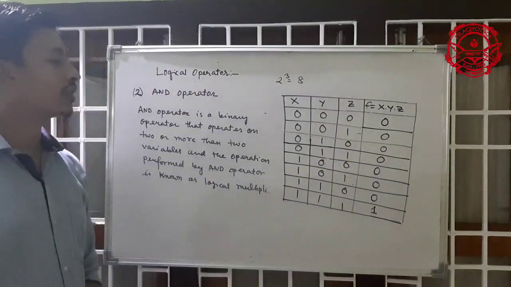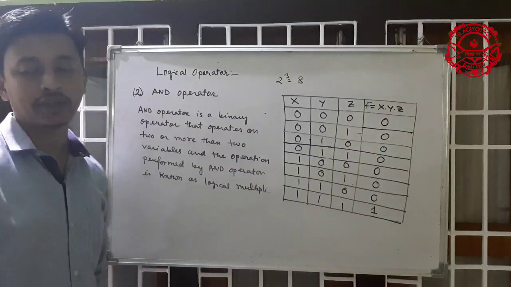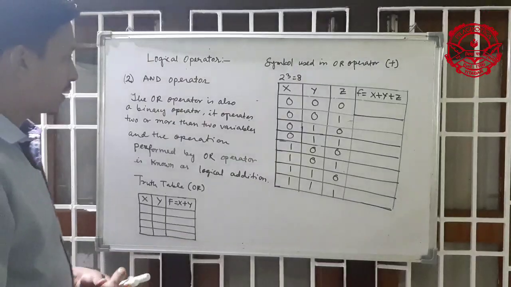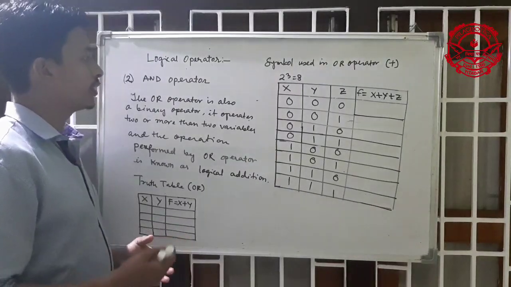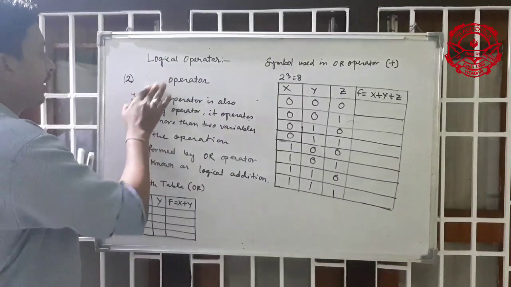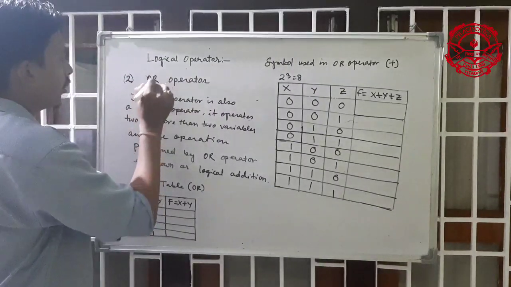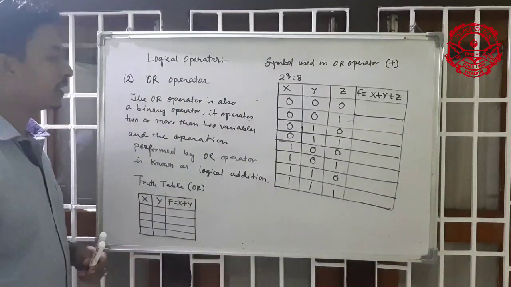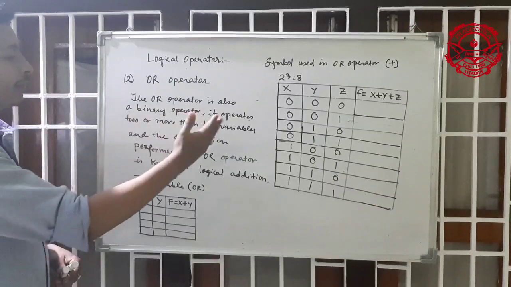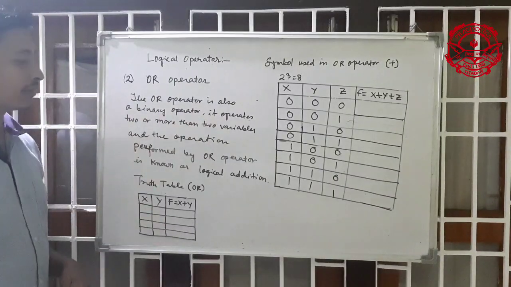Now the next and last logical operator we use in Boolean algebra is the OR operator. The OR operator is also a binary operator, that is, it operates on 2 or more than 2 variables, at least 2 variables.